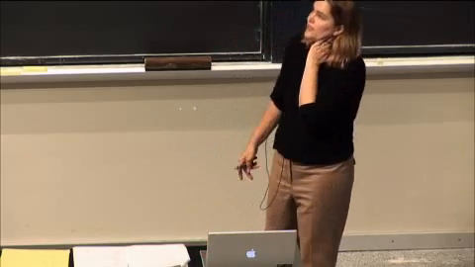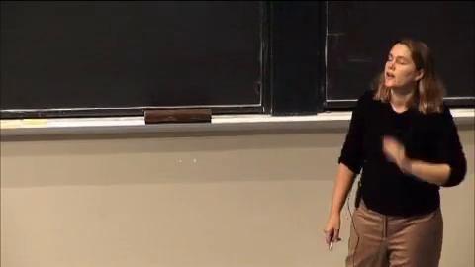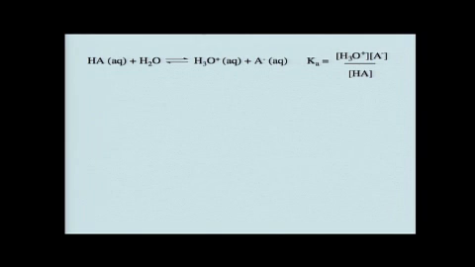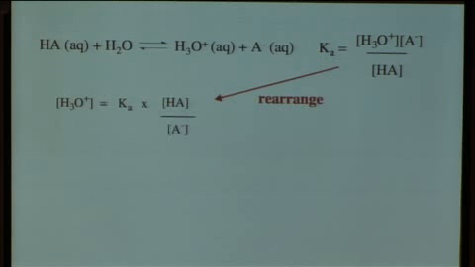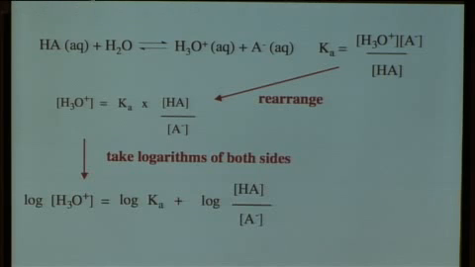So we can write a generic term for Ka. Ka equals products over reactants. And so we have our hydronium ions, our conjugate base over our acid. And now we can take this term and rearrange it. So we can pull hydronium ion concentration over to one side. And now we're going to take the logs of both sides.